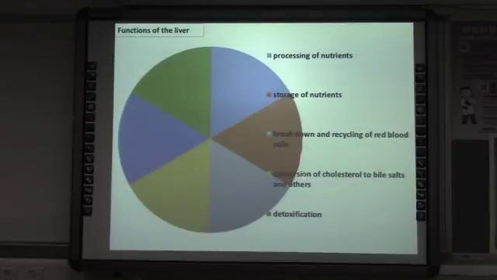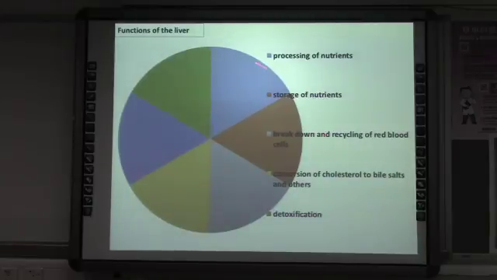Processing of nutrients, storage of nutrients, conversion of cholesterol to bile salts and detoxification all belong to the modification of chemical components in our body, while the breakdown and recycling of red cells and engulfing of bacteria is the modification of cellular components in our body.